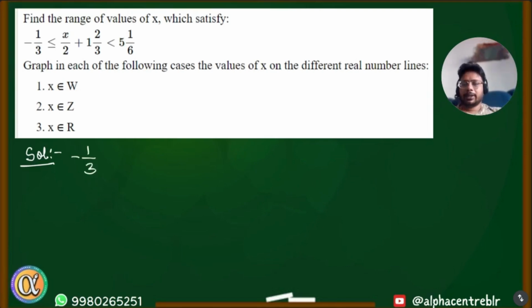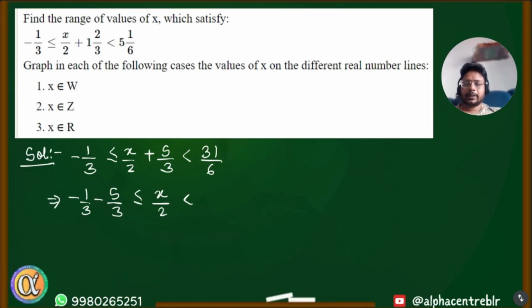Minus 1 by 3 less than or equal to x by 2 plus 5 by 3 less than 31 by 6. Subtracting 5 by 3 from the entire inequation, we get this.